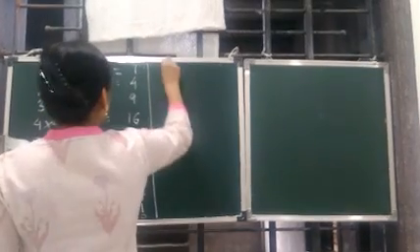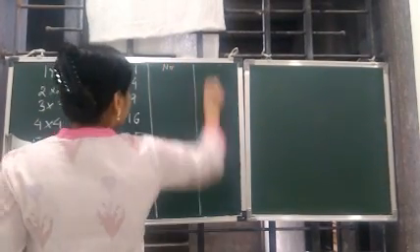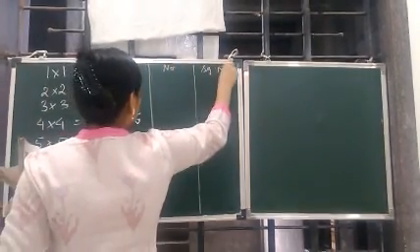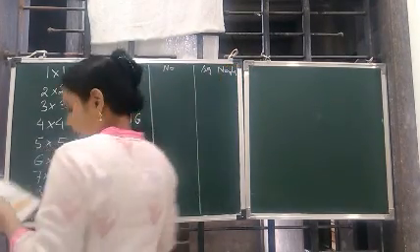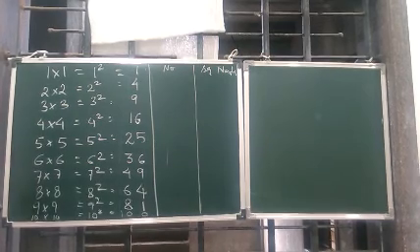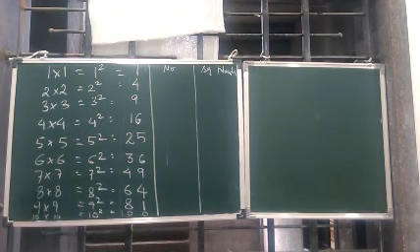I have written till 10. For 11 onwards I am writing here the numbers and the square numbers.